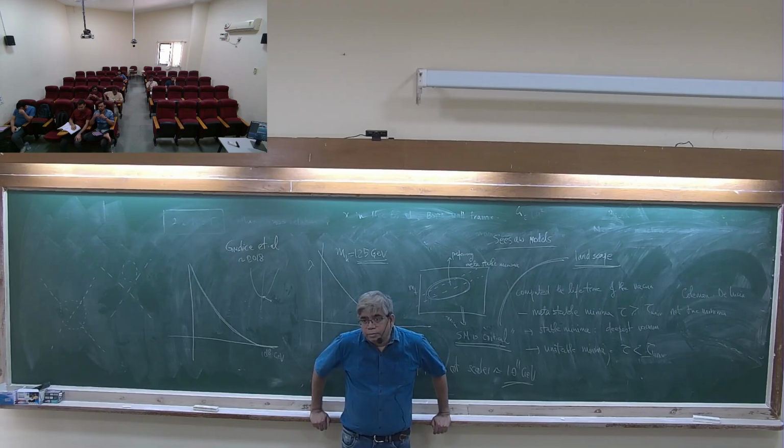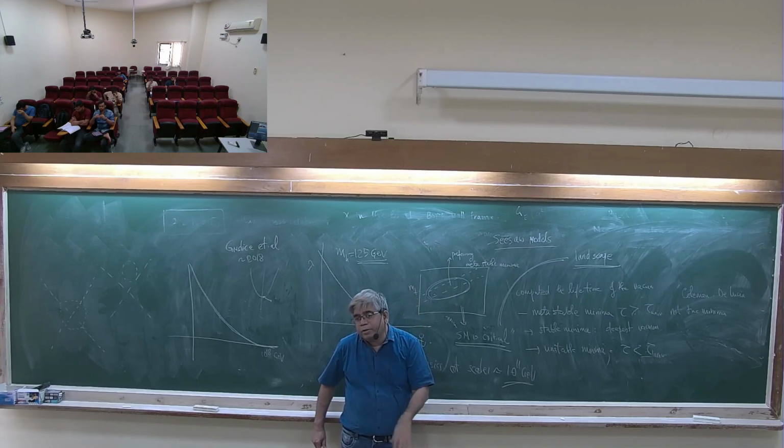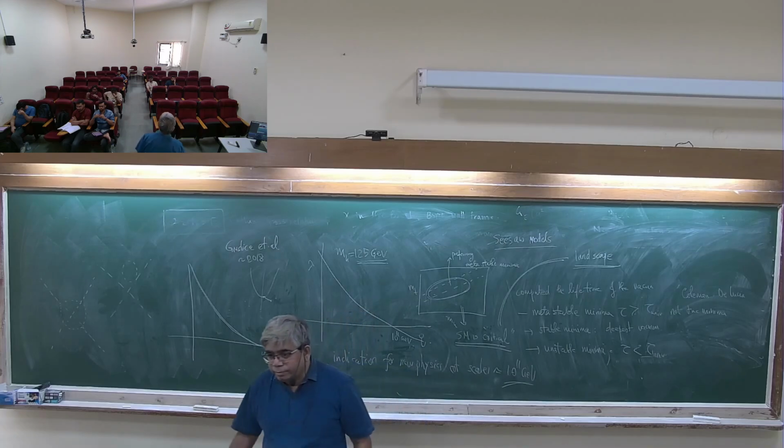Our universe will itself decay, no? Because the decay rate is proportional to the energy, exponentially, exponential of minus something. So if the energy is very large, the decay rate will be very slow. The question is eventually whether it's stable or not.